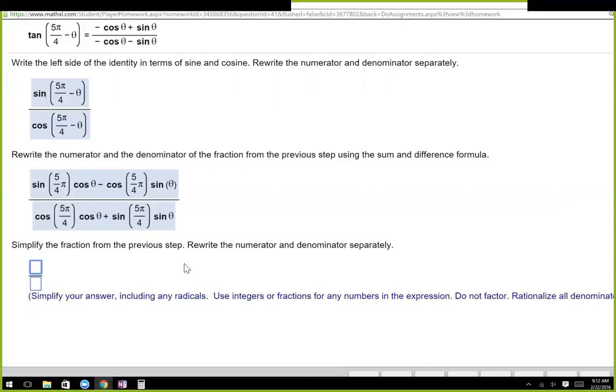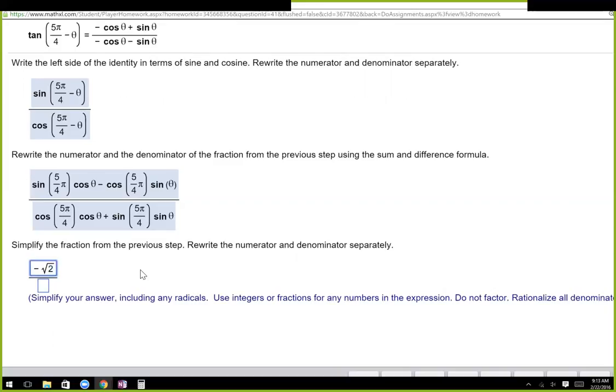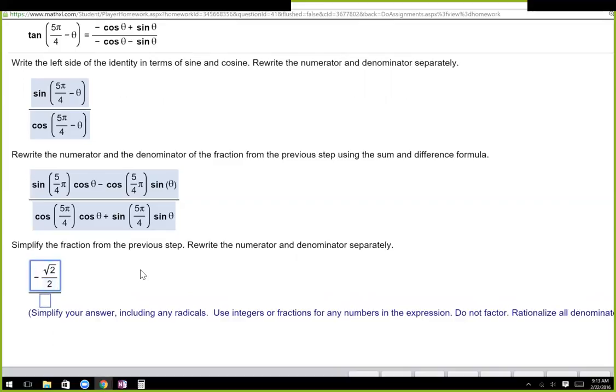And the reference angle is pi over 4, so sine and cosine are both root 2 over 2. So I've got negative square root of 2 over 2.